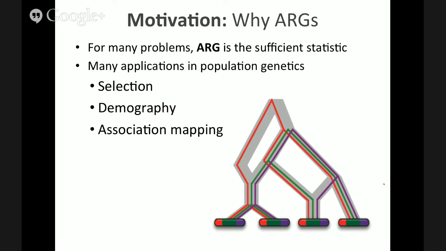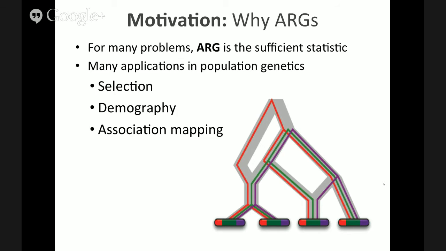Okay, so why are they so cool? Why are they important? In many ways, you can think of the ARG as the sufficient statistic for a lot of things that you would want to infer. If you knew the true ARG, and that's a hard thing to do, but if you got lucky and you knew it, you would have extracted all the information that there is from the DNA sequences in your sample.